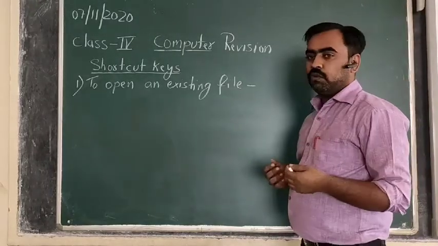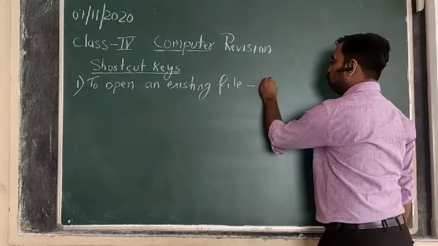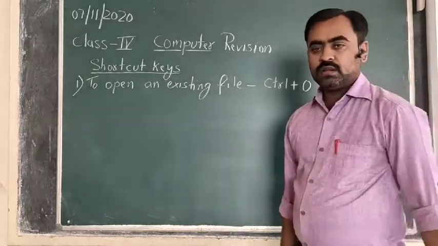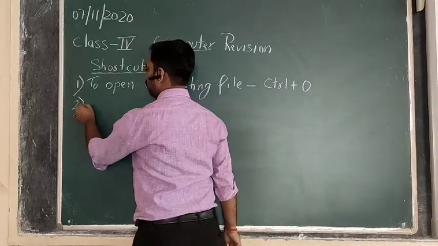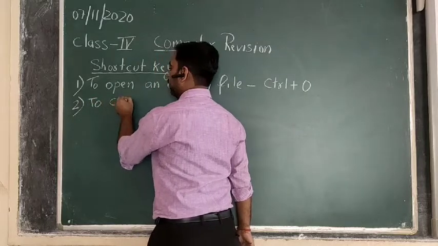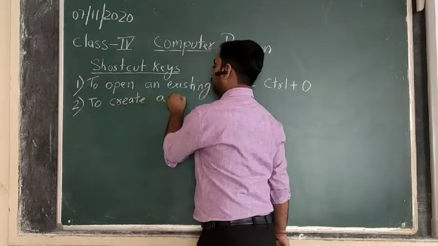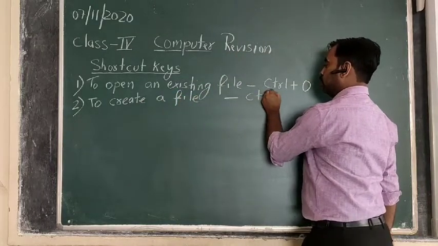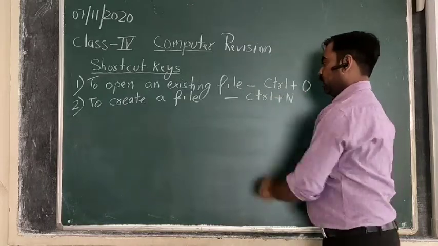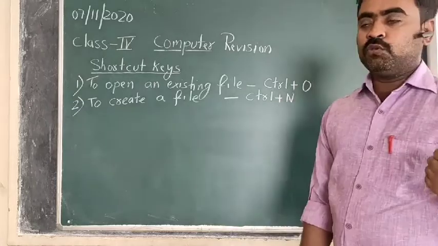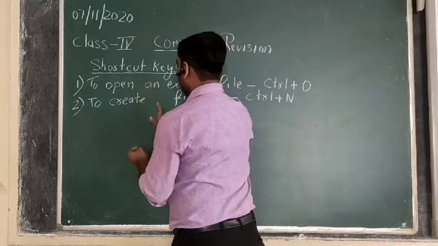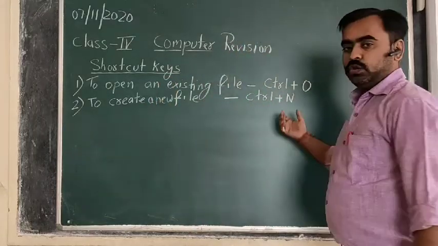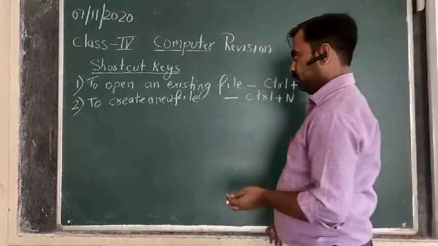The shortcut key for that is Control plus O. The second one, to create a new file, the shortcut is Control plus N.